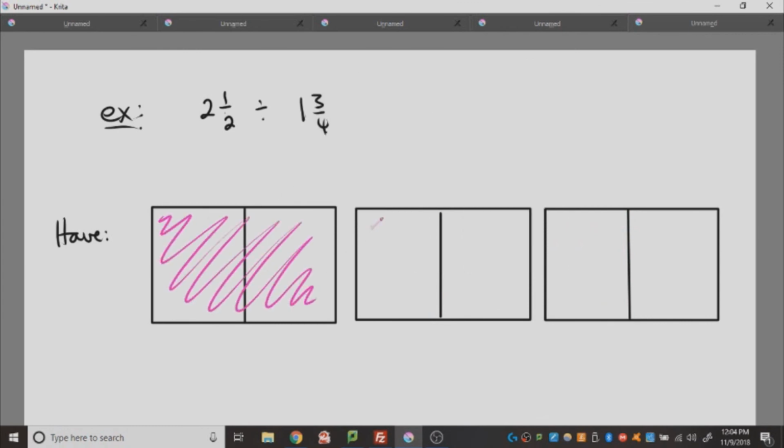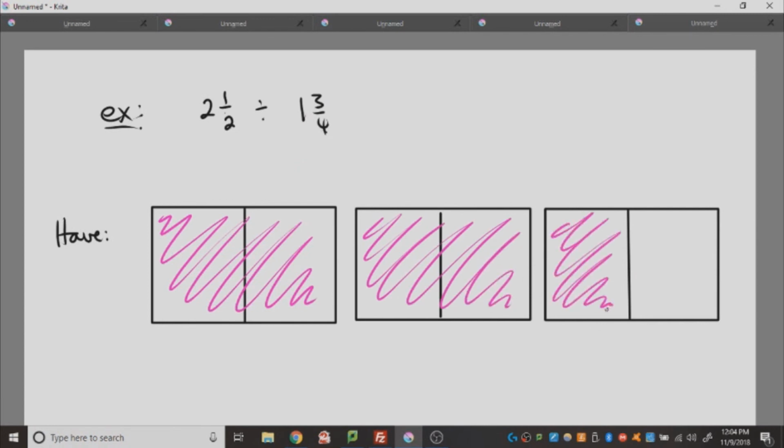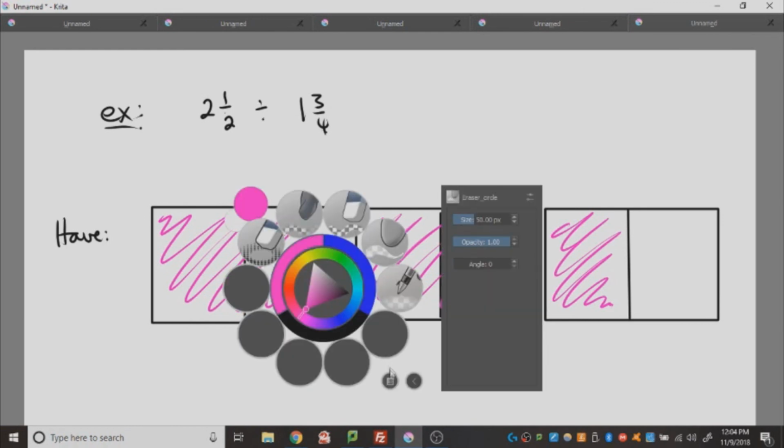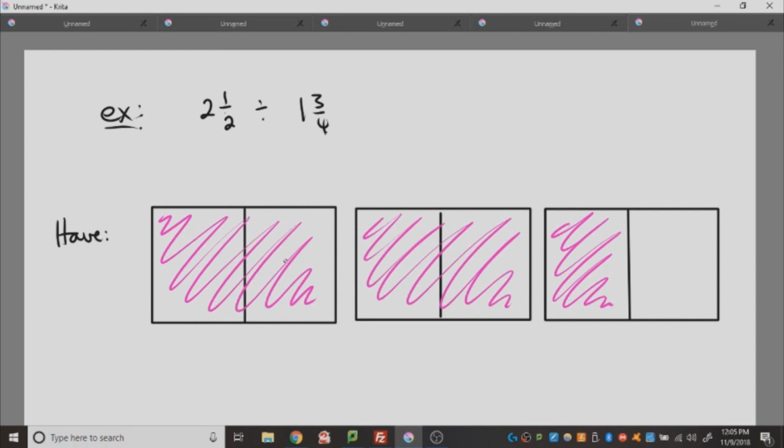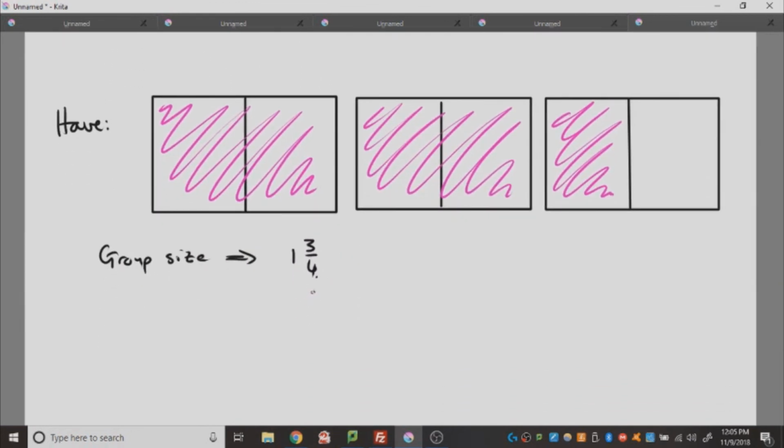Whole loaf of bread, another whole one, and half of the last one. So now, oh, what did I just do? I'm still in pink. So, my group size corresponds to 1 3/4. But what is that?